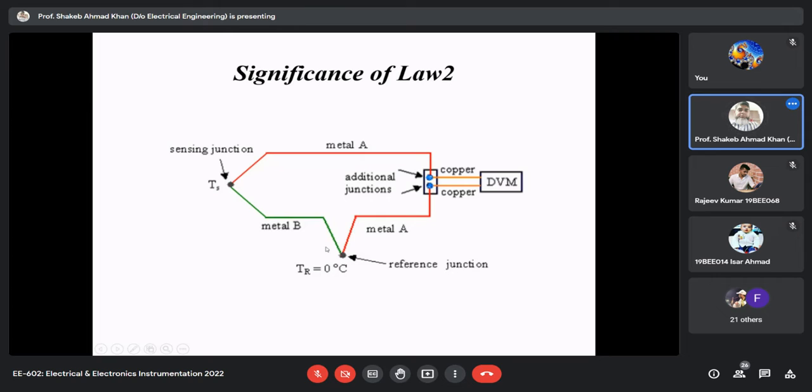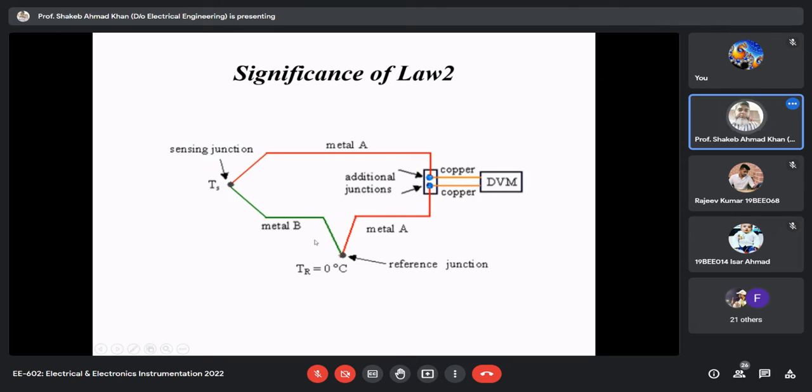This is the reference junction. Now you see your copper wire, which you are inserting to connect a voltmeter so that you can measure the output. So here we are inserting copper in one of the metals, and if these two additional junctions, which come into existence because of the insertion of copper in the circuit, are maintained at the same temperature, then this insertion won't affect the output voltage.